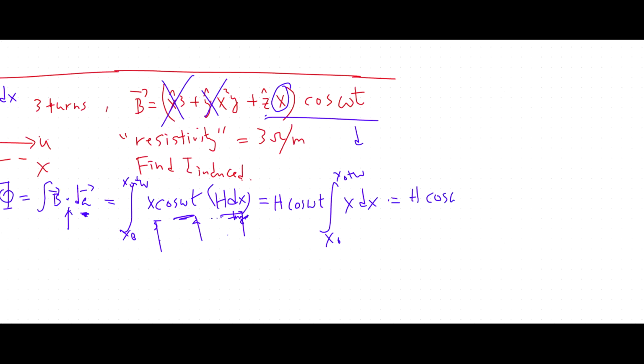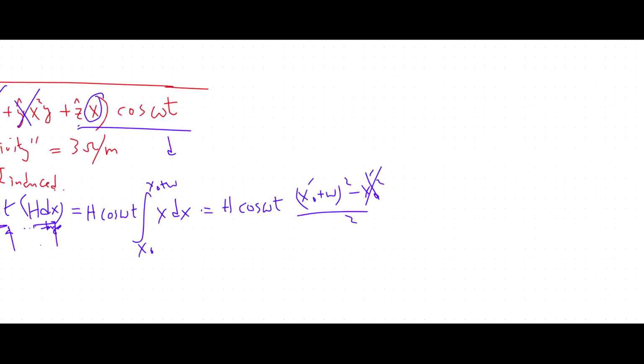You evaluate this, so it's x naught plus w squared minus x naught squared divided by 2, right? And if I expand that, the x naught squared would cancel, so that would end up getting h cosine omega t divided by 2.